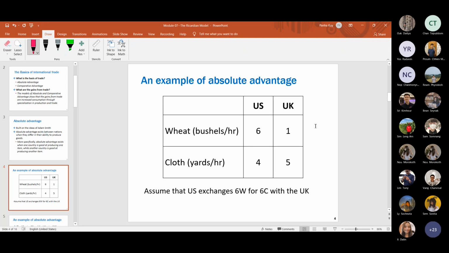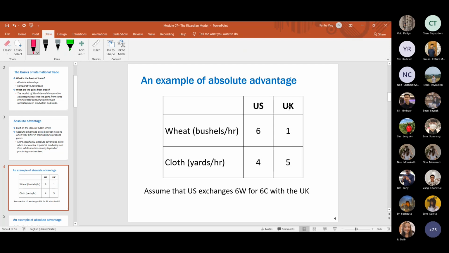The US can produce six barrels per hour, and also 4 yards of cloth per hour. Whilst the UK can produce one barrel of wheat per hour, and 5 yards of cloth per hour.